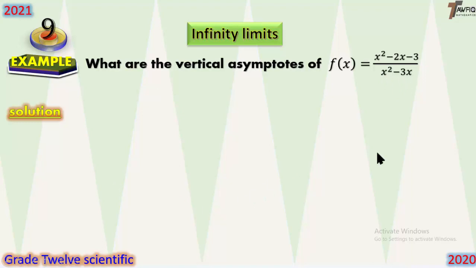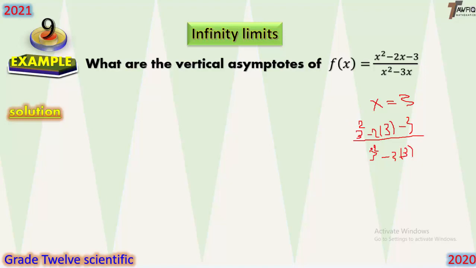Here you can see when x equals 3, the numerator is 3 squared minus 2 times 3 minus 3, and the denominator is 3 squared minus 3 times 3.